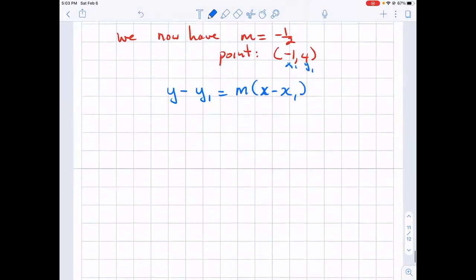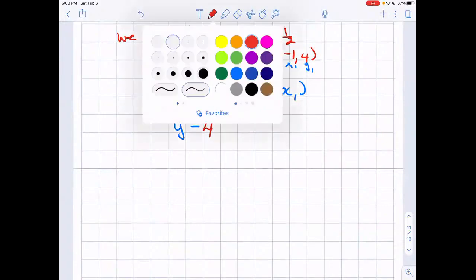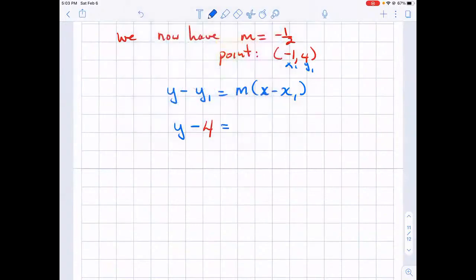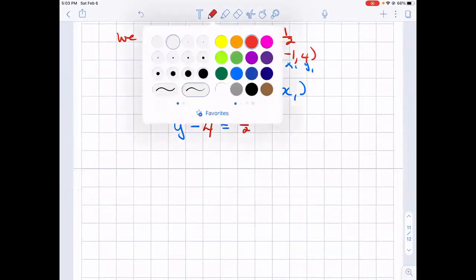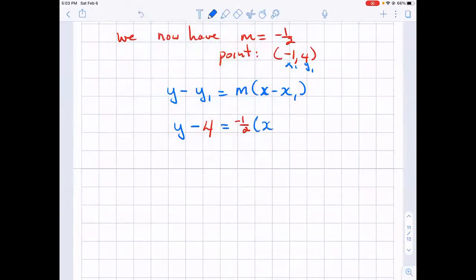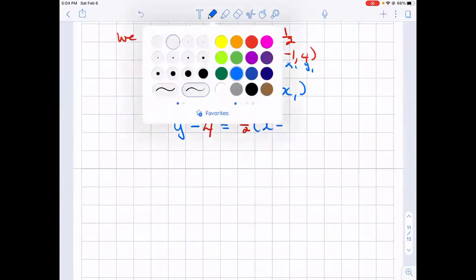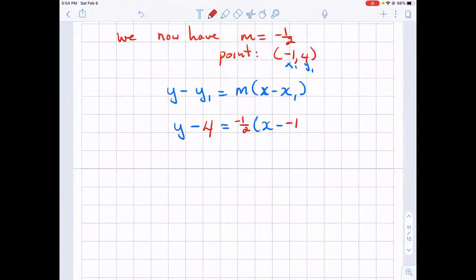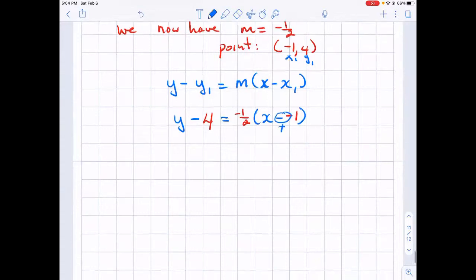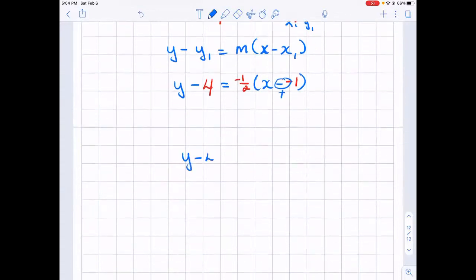So we have y minus, instead of y1, I will write 4, equals, instead of m, I will write negative 1/2, and instead of x1, I will write -1. So these two negatives become positive. So we have y minus 4 is equal to negative 1/2 x plus 1.